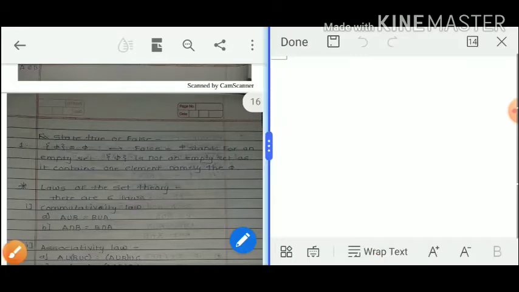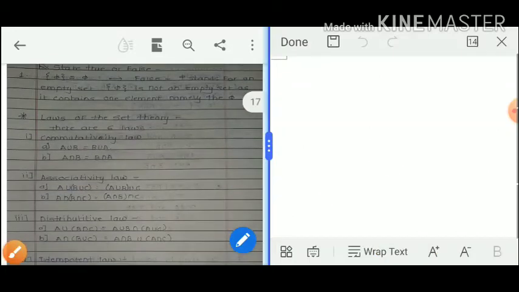Same way you can solve a number of examples. In this subject, practice is more important. When you solve more questions, it becomes easy, it clears your concept, you can solve fast, and your logic also improves.